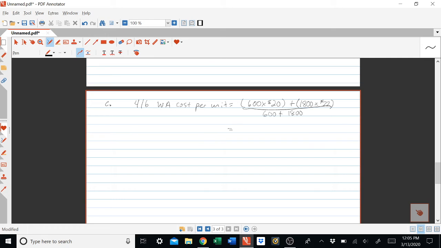The weighted average cost per unit: $51,600 divided by 2,400 units is $21.50 per unit. I believe that's right.